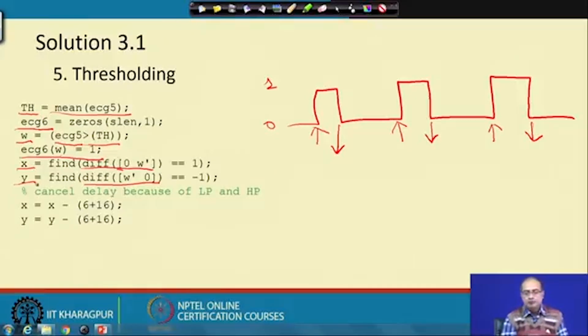Once these two are collected, then we know where the post is starting and where the post is ending. Next task is to correct the location.